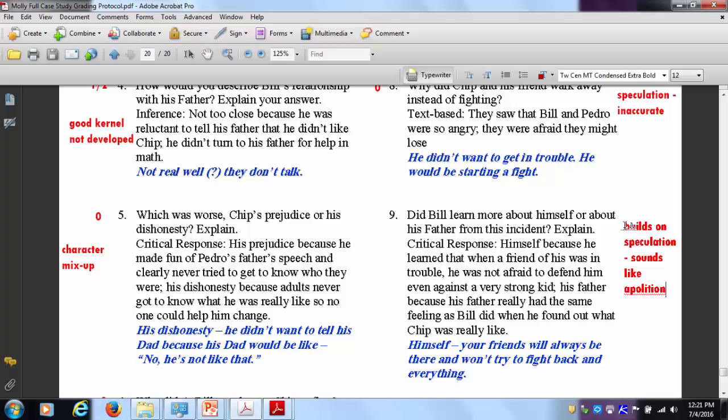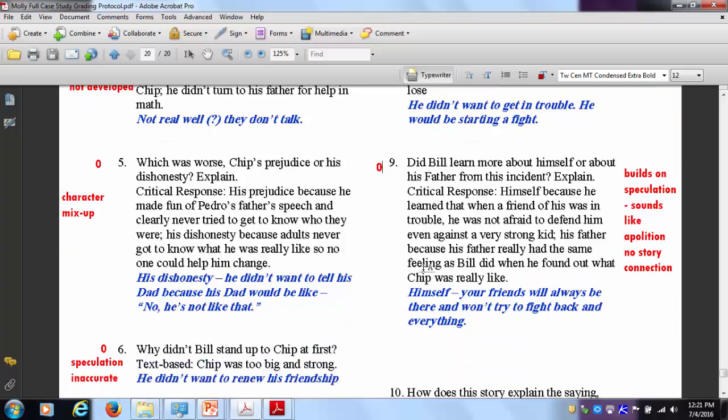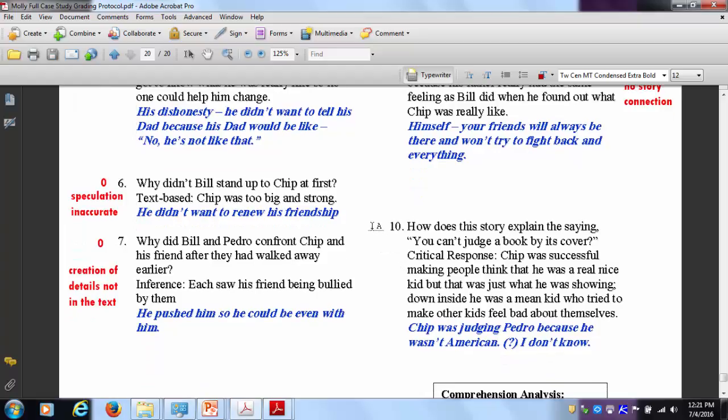There's absolutely no connection to the story. No story connection. So this is a 0. And our last one here, folks, it's half. And the reason it's half is that you see the kernel come through. Kernel comes, but can't be developed, even when a teacher provides a probe.